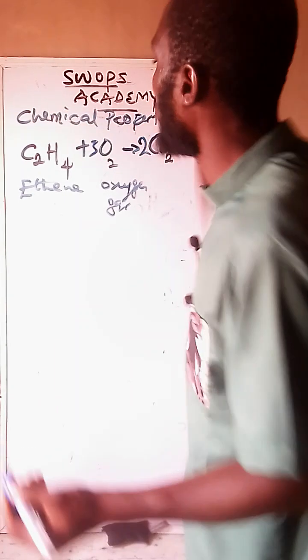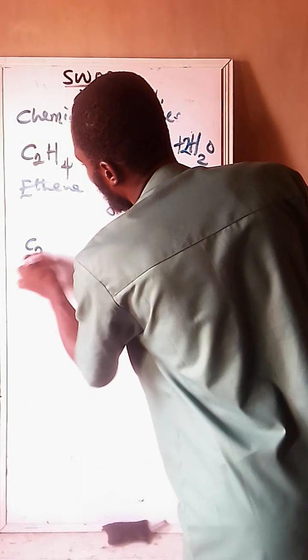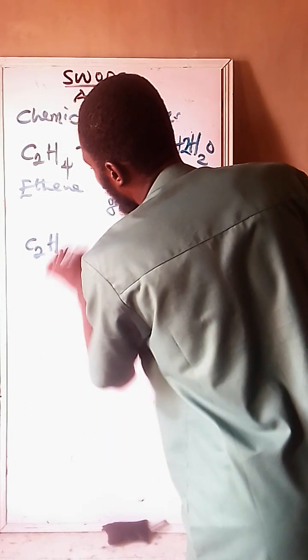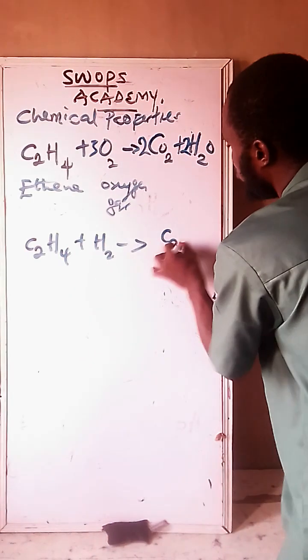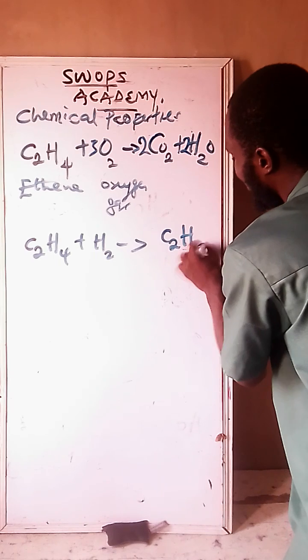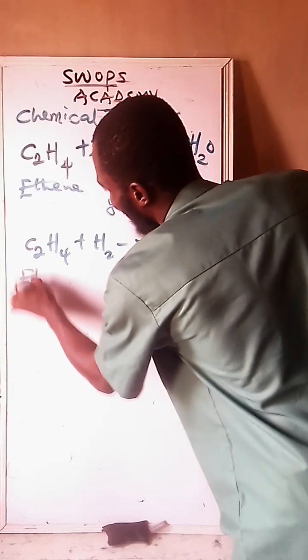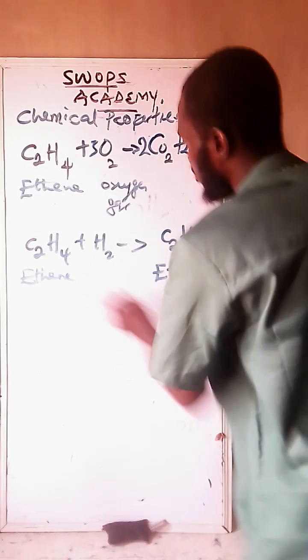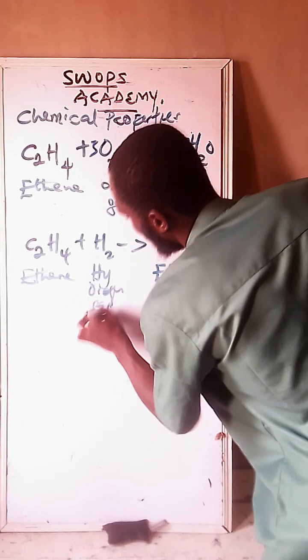So when we want to make it saturated, we can add hydrogen to it. C2H4 plus H2. When we add hydrogen to it, we have C2H6. This is ethane. This is hydrogen gas. Are we together?